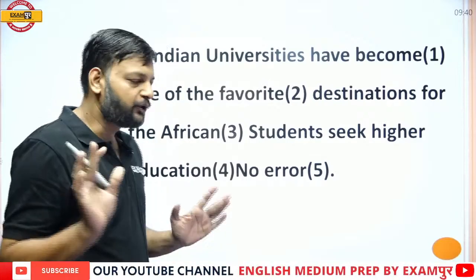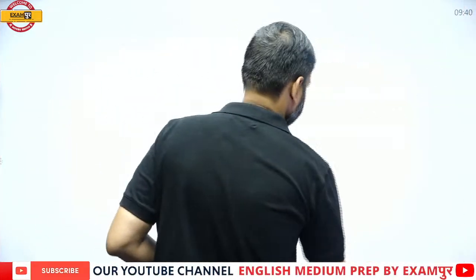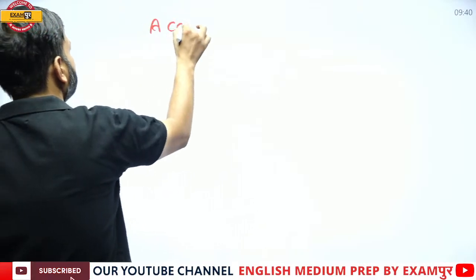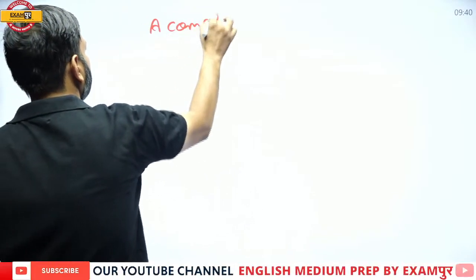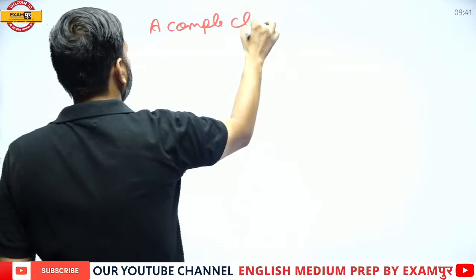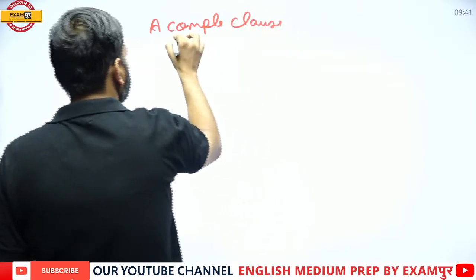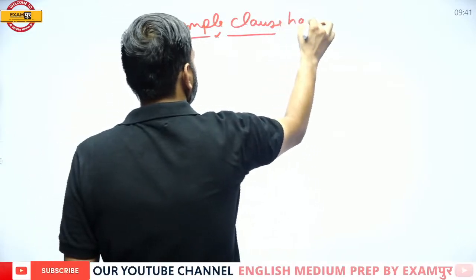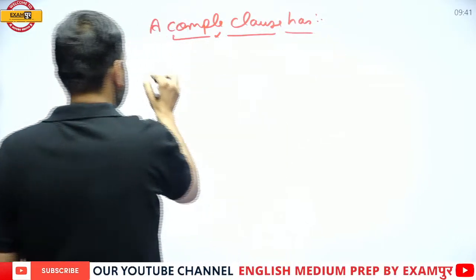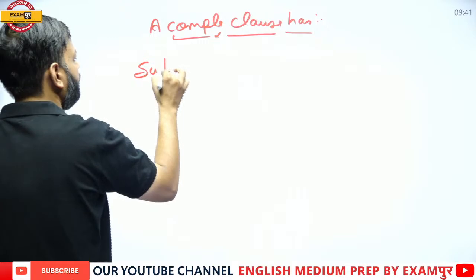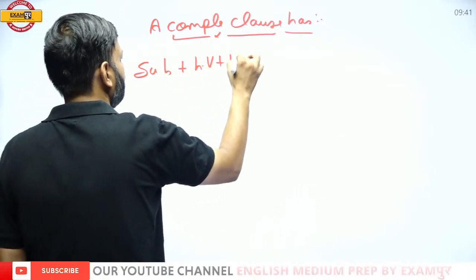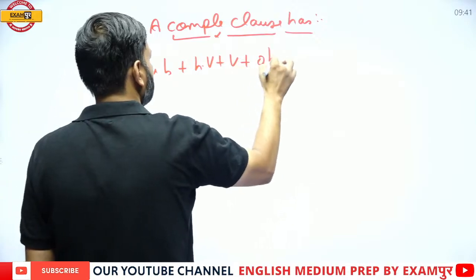Now, let me tell you something. A complete sentence, or we can say a complete clause, has a subject, a helping verb, a verb and an object.